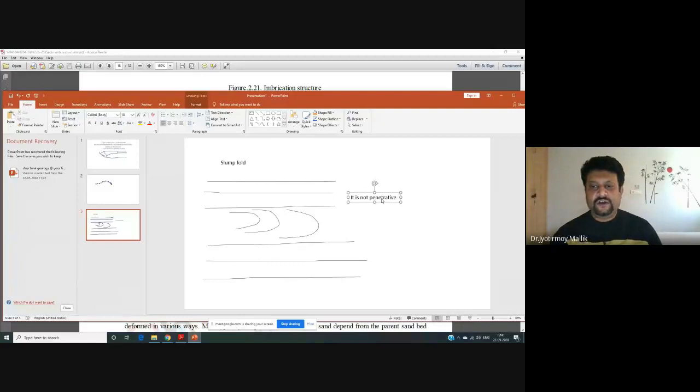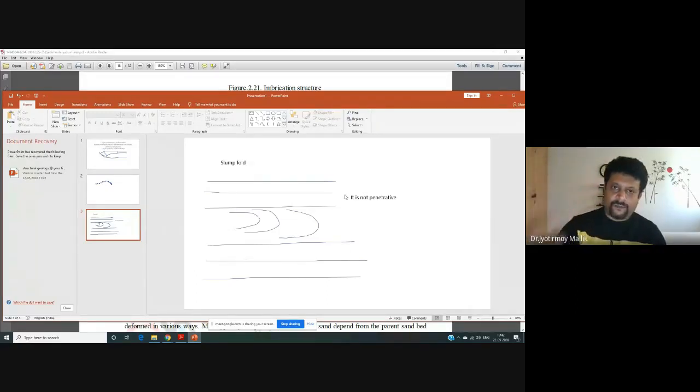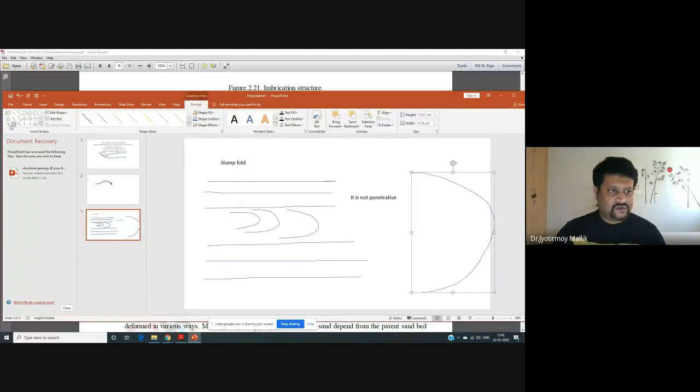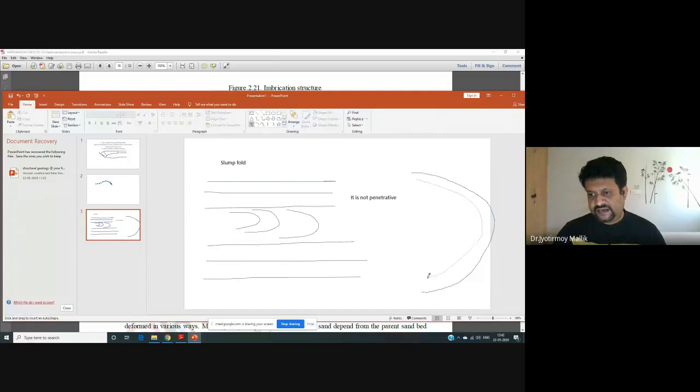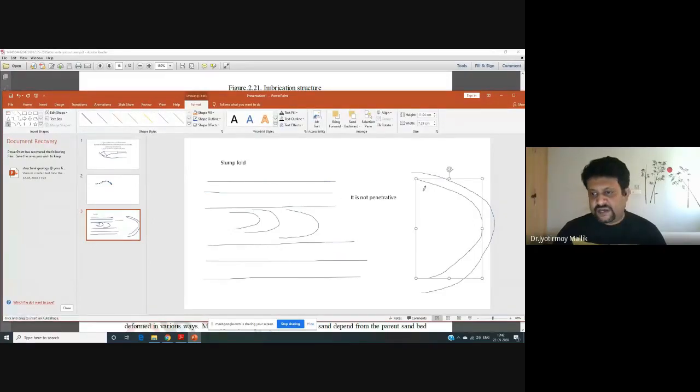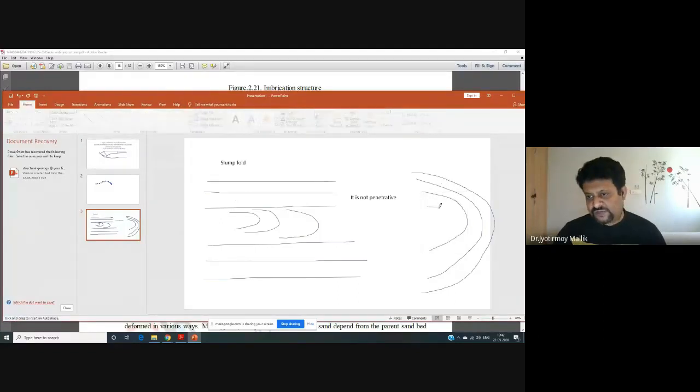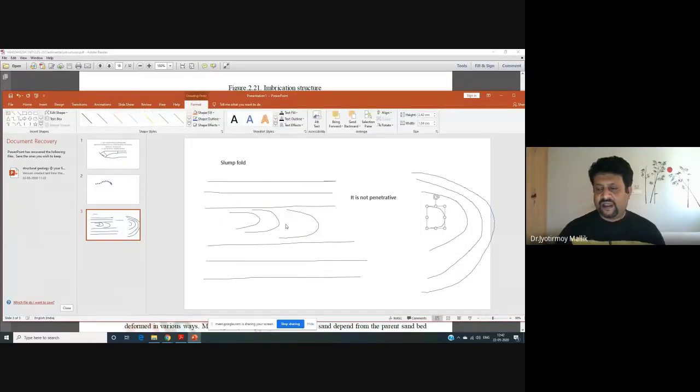What do I mean by it is not penetrative? That it is only restricted to a single layer. It's not penetrative to the whole rock package. So if this had been a product of secondary folding, we should have seen all these layers folded, because if it is subjected to stress after lithification has happened, you will not observe a particular layer being preferentially folded.